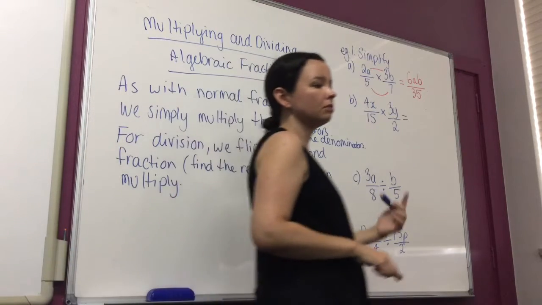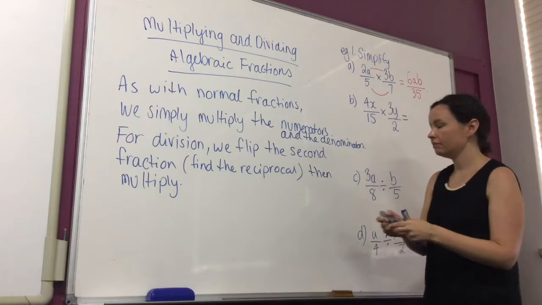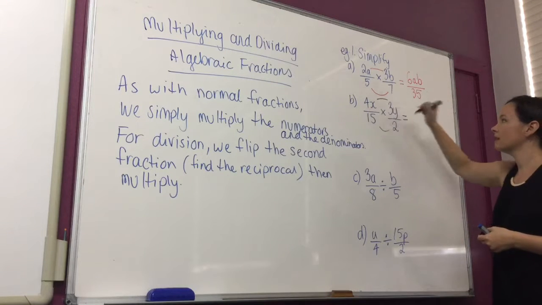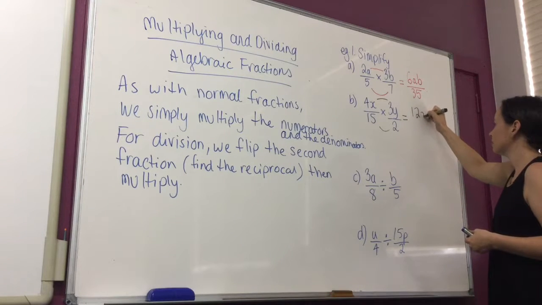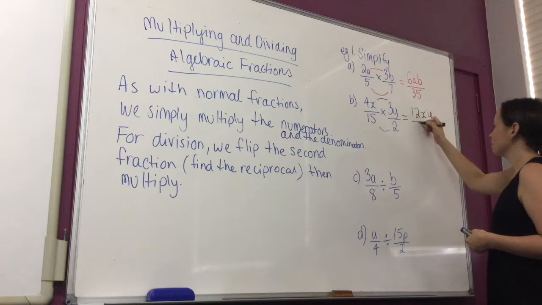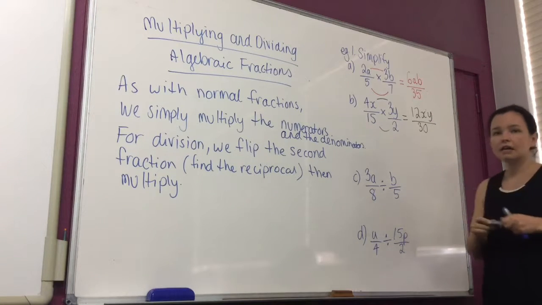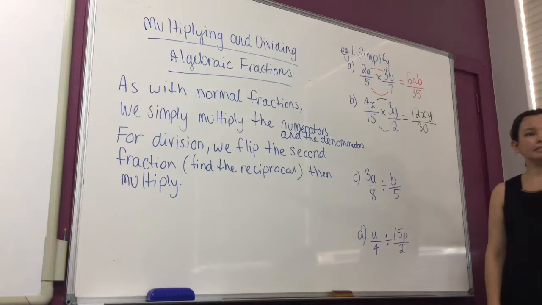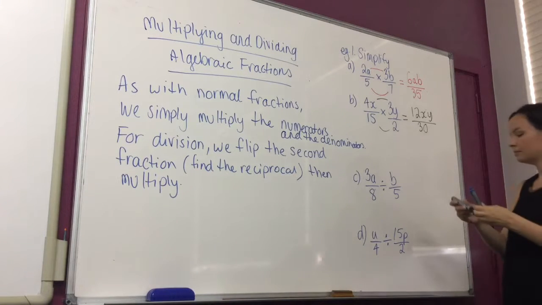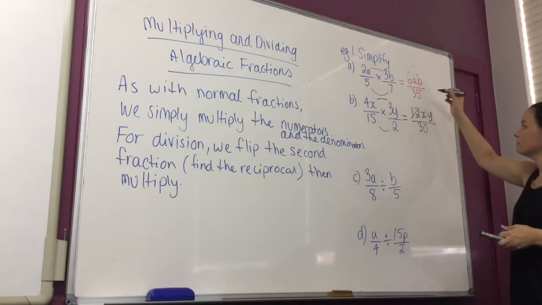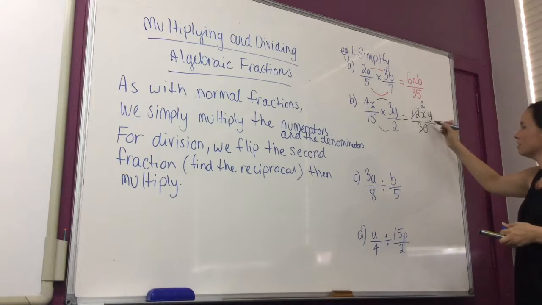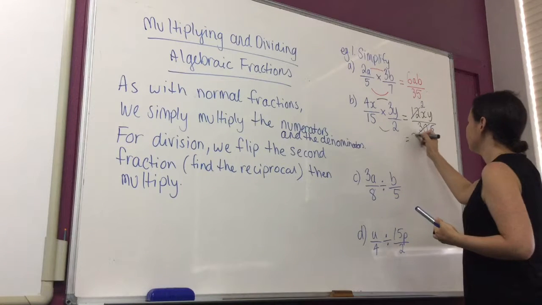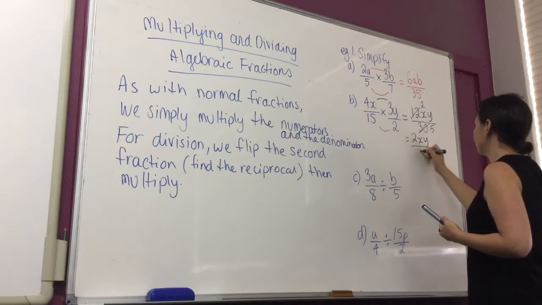So if we were to multiply and then cancel the factors, we simply multiply across like so. 4x times 3y is 12xy all over 30. Does 12 and 30 have any common factors? 6 goes into both. 12 divided by 6 is 2. 30 divided by 6 is 5. And we end up with 2xy over 5.